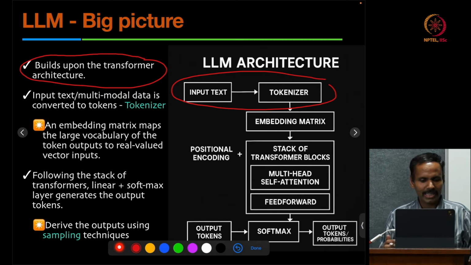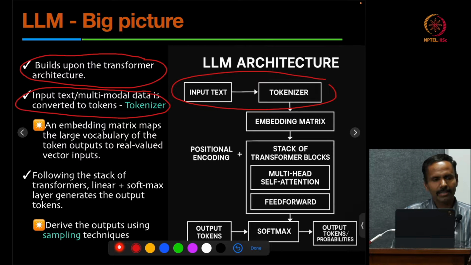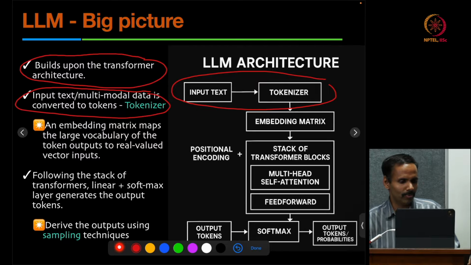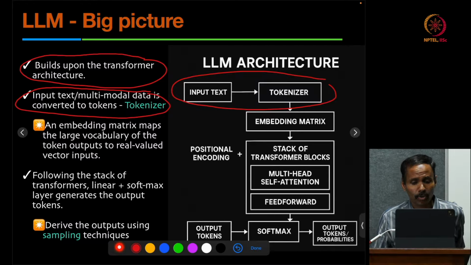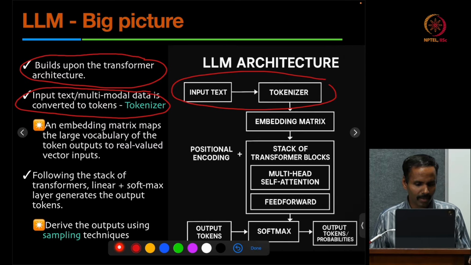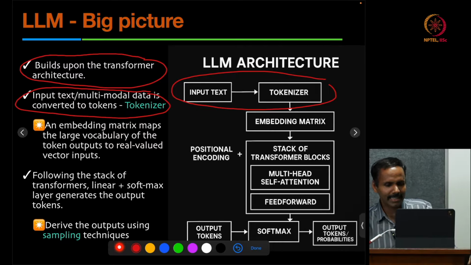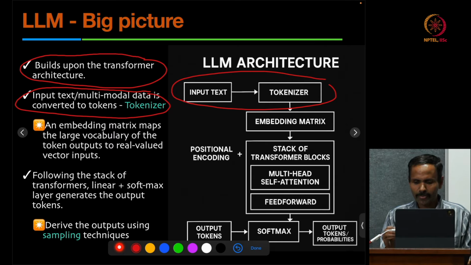And therefore, some of the terminologies that we use are also going to be grounded in NLP and so forth. So a tokenizer, which we are going to talk about in more detail, is essentially something that converts your raw piece of text, or raw piece of multimodal data, into a model-ingestible form. Then an embedding matrix and then a set of transformer stacks.